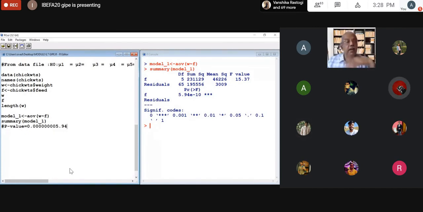The p-value is next to 0, approximately equal to 0, which is much smaller than any level of significance.